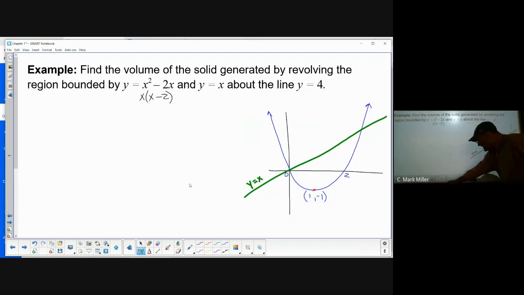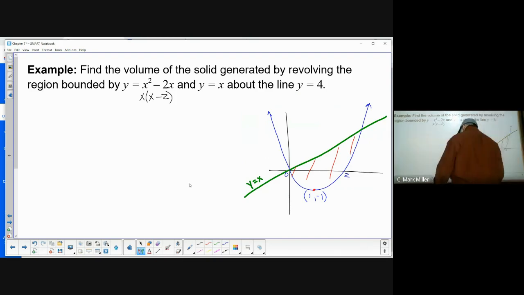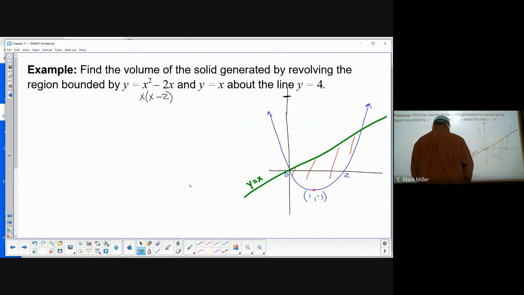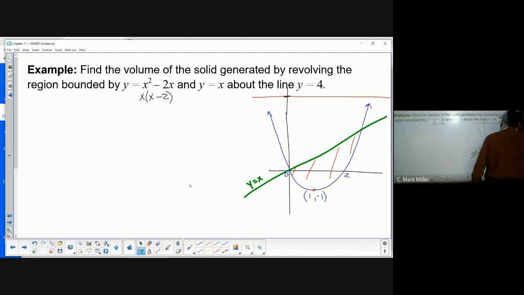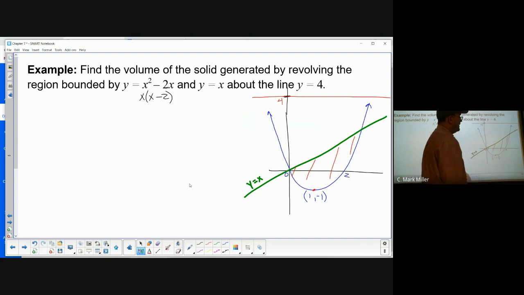This part here is what's getting rotated, and it's getting rotated about the line y equals 4. So if we revolve that region around the line y equals 4, we have what?